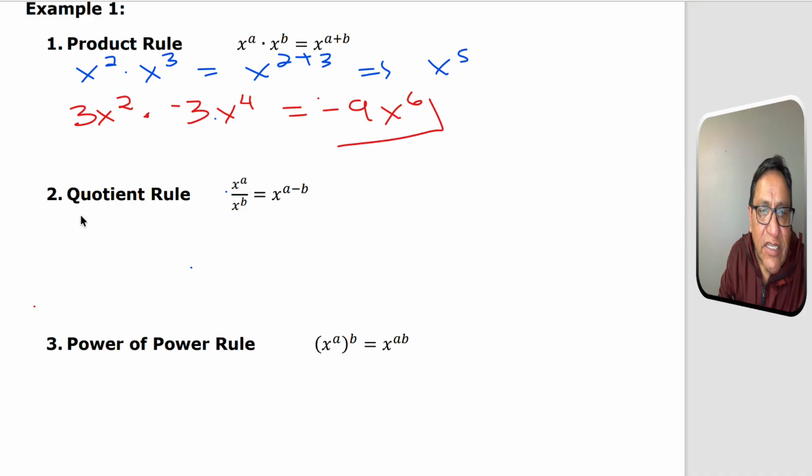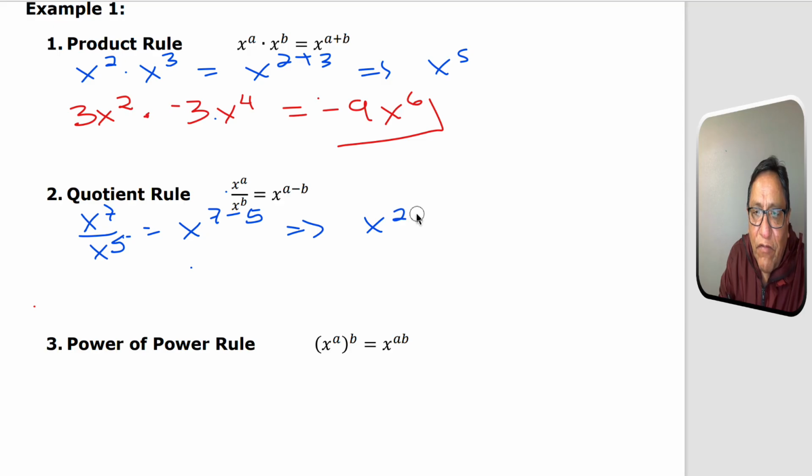In other words, let's say that you have x to the power 7, for instance, divided by x to the power 5. So this will be the same as x to the power 7 minus 5, correct? So this will be the same as x to the power 2. Bingo.